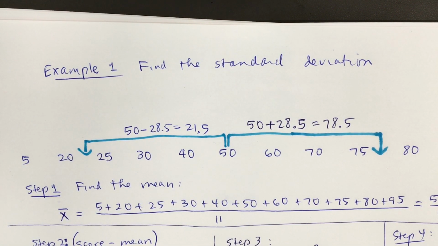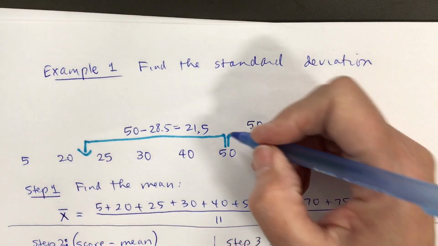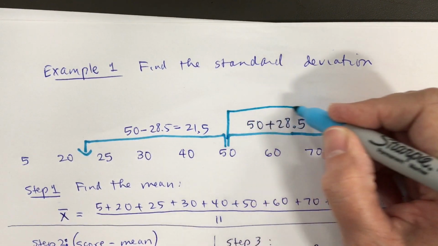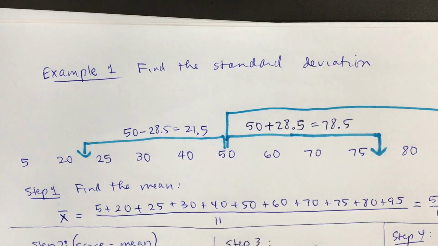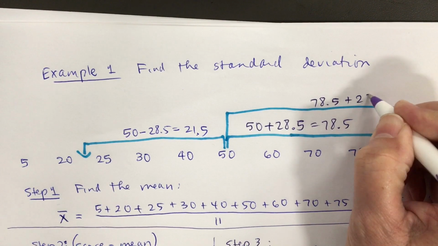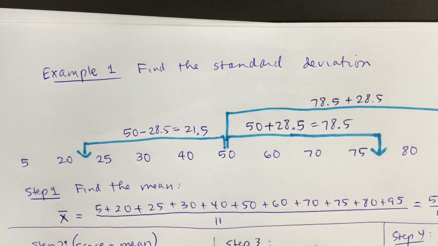If I add it again and subtract it again, let's do that. 78.5 plus 28.5 is 107.